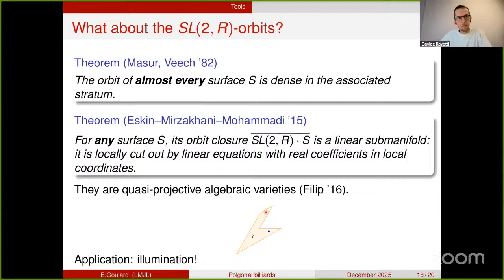And are there quantitative bounds on the number of points that are not illuminated? This is a good question, and I have not checked. So I don't know so far. It's sure that the result of Eskin-Mirzakhani is not constructive, so it just gives some finiteness.